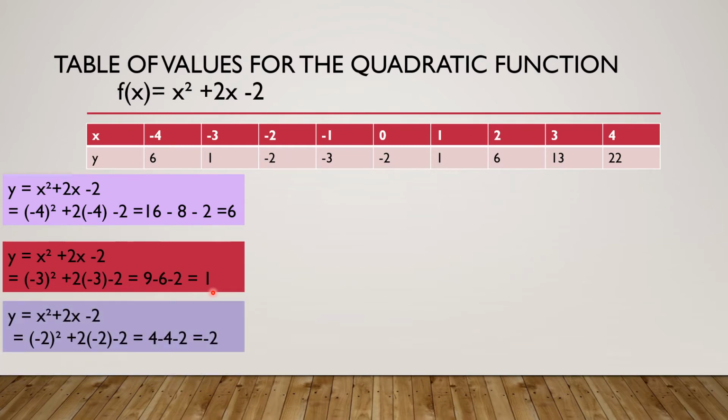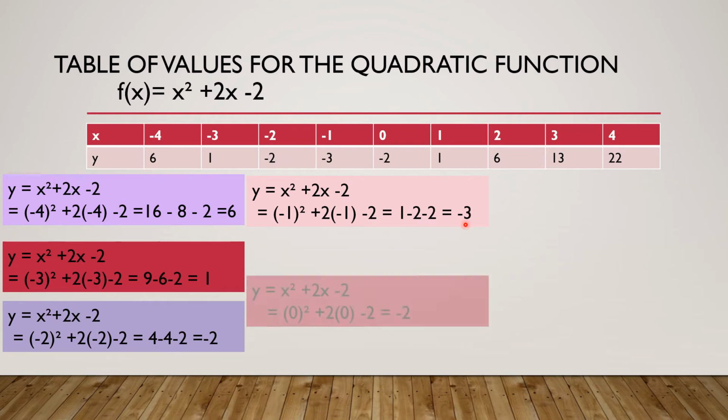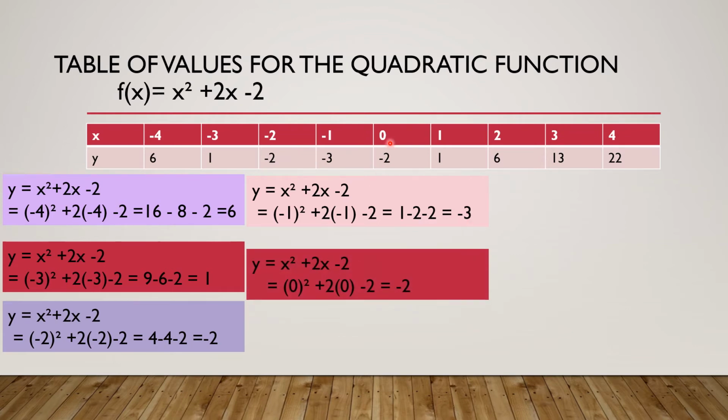Okay, if x is negative 2, the value of y is negative 2. Tingnan nyo na lang kung paano na-compute kung sakaling kailangan yung isa-isahin. Okay, ito naman, ang value ng x natin ay negative 1 at yung value ng y natin ay negative 3. Dito naman, ang x ay 0, sinubstitute ko lang, plus 2 times 0 minus 2, the answer is negative 2, if x is 0. And then, if x is 1, 1 squared plus 2 times 1 minus 2, that is simply equal to 1.